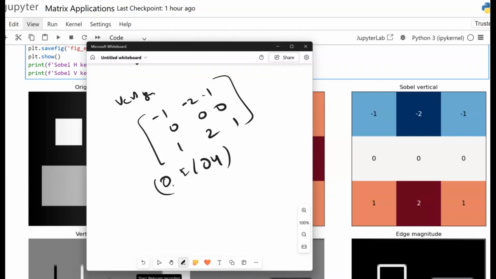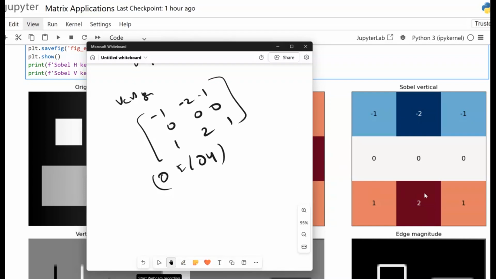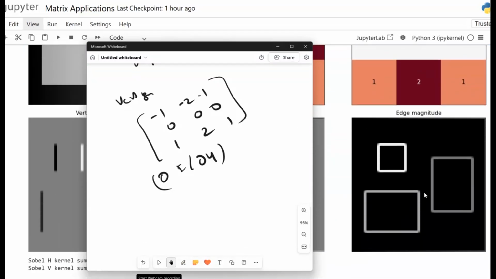And when coming to the edge magnitude, we have the square root of edge horizontal squared plus edge vertical squared. So it combines both orientations, highlighting all edges regardless of direction.